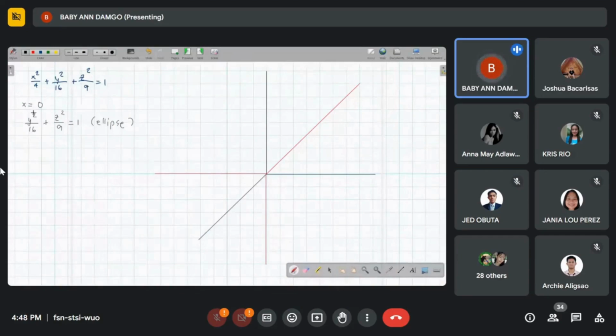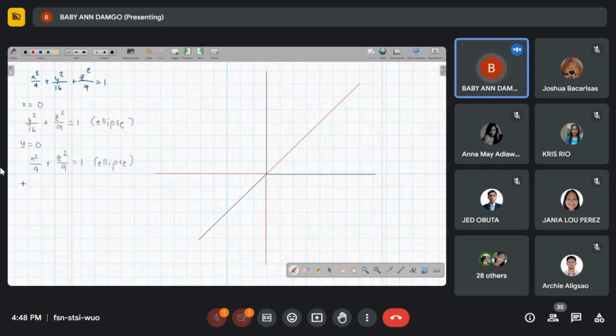Another, when y is equal to 0. If y is 0, we have x squared over 4 plus z squared over 9 is equal to 1, which is also of the form of the ellipse.